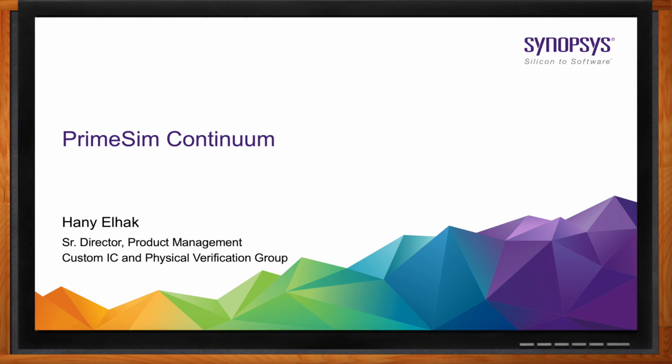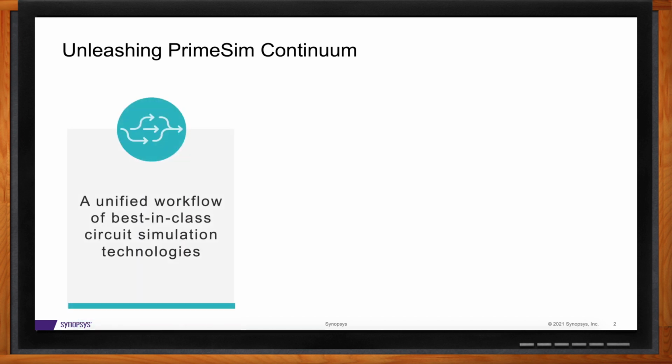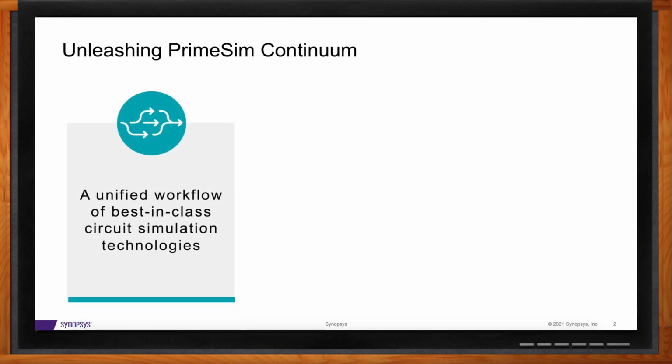Absolutely. Now, we're talking about PrimeSim Continuum today. But, Hani, before we jump into the details, can you walk us through exactly what the PrimeSim Continuum is all about? Absolutely. PrimeSim Continuum is a unified workflow of best-in-class SPICE and FastSPICE simulators.